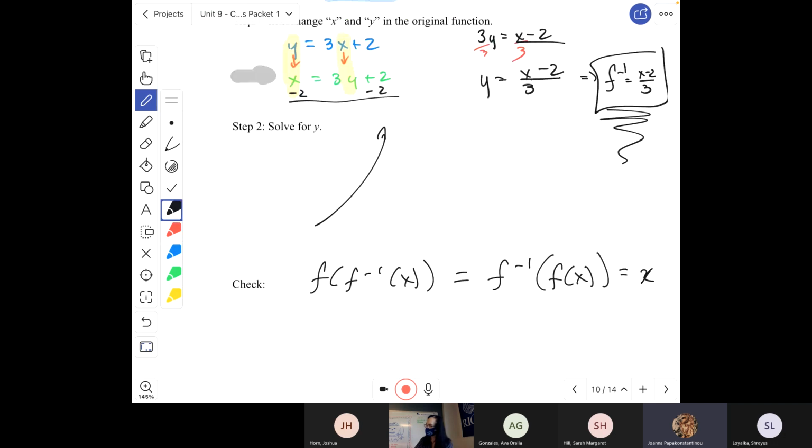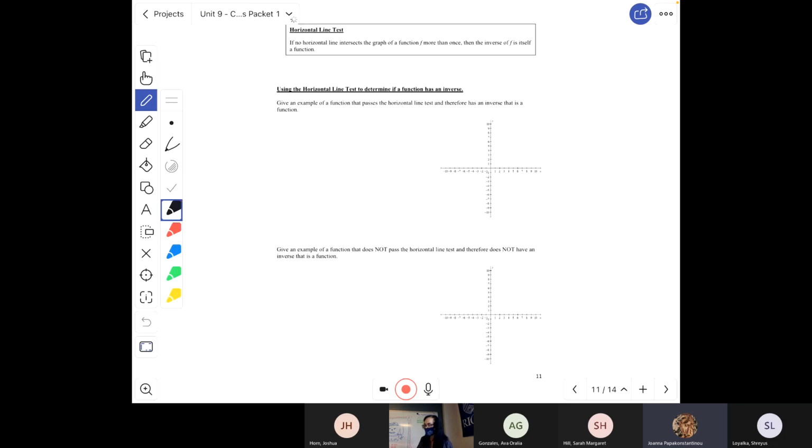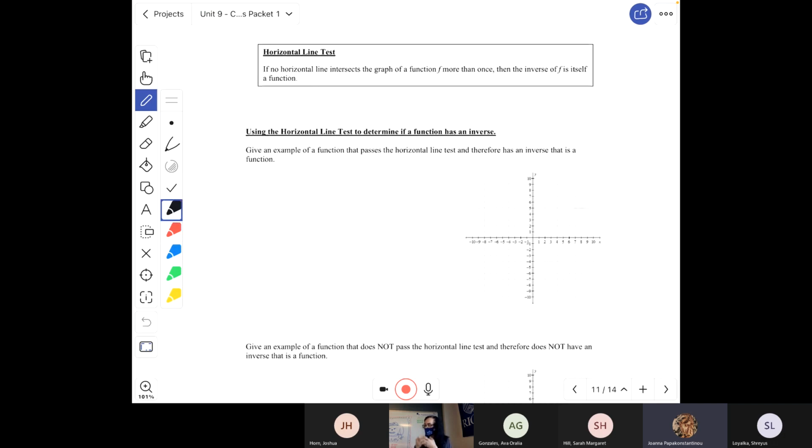Now, we also talked about, given a relation or a function, if we took the inverse, is the image, the result of reflecting it across y equals x, also a function? Well, one way we determined if an original graph was a function was by looking at the vertical line test.